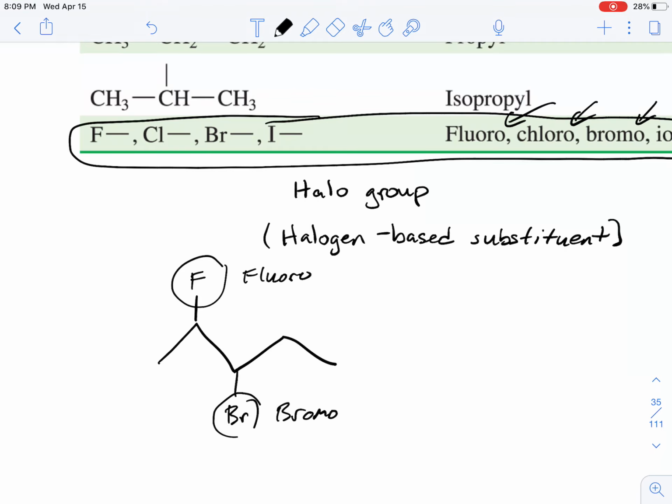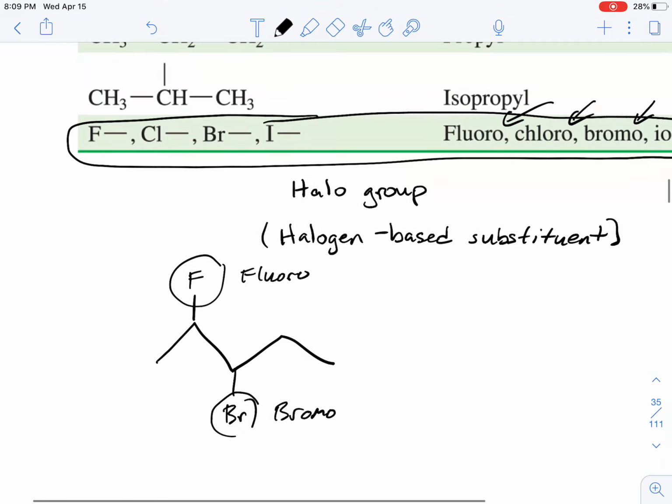And as long as you don't break the octet rule, you can have a di-substituted carbon, on the same carbon. So this is going to be, I don't know, iodo. The key thing here is just to be able to recognize what your substituents are and how they are separate from your parent chain.